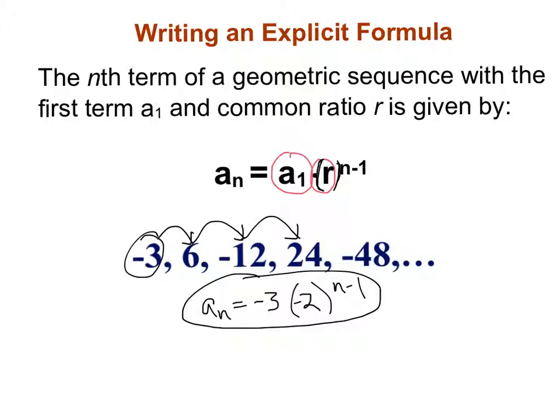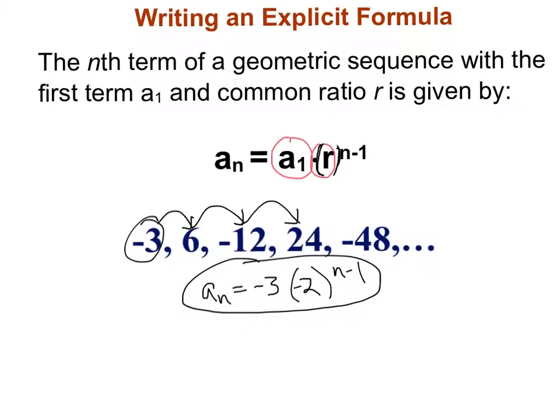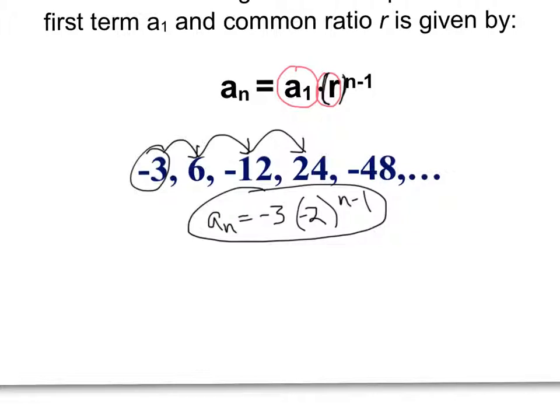This is the formula I can use to find any term I want. So let's say I wanted to find the 10th term. I would have to plug in 10 for the n's. A sub 10 would equal negative 3 times negative 2 to the, and 10 minus 1 is 9. So we would need to do, remember, negative 2 to the 9th first, exponents first, and then multiply by negative 3.